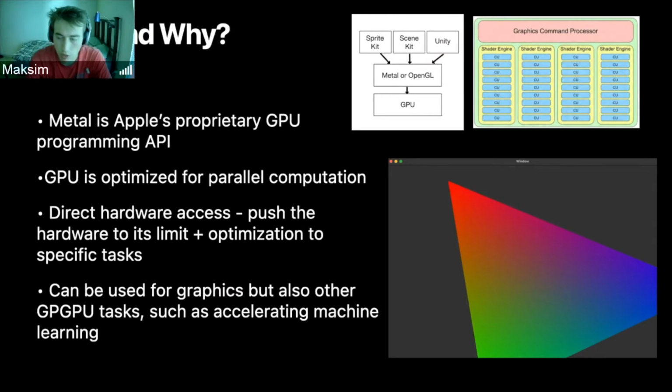But why do we want to use a GPU? It's fine that we have an API to program the GPU, but why would we want to use the GPU in the first place? Well, a GPU is a piece of hardware that's optimized for parallel computation. What that means is that instead of just having 16 cores on your CPU, the GPU will have thousands of cores, and those thousands of cores can run in parallel.